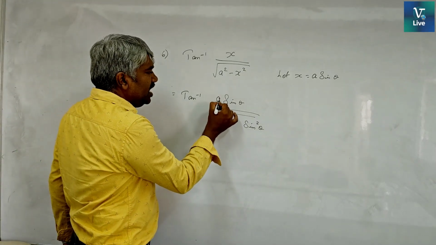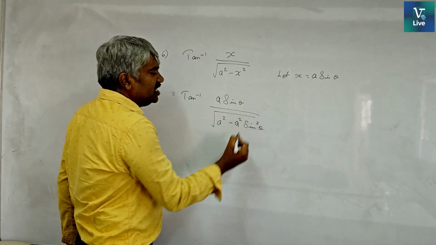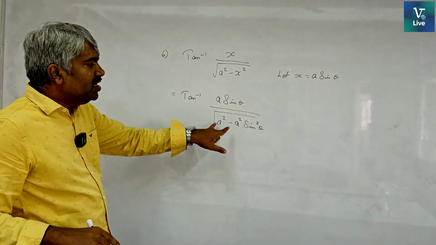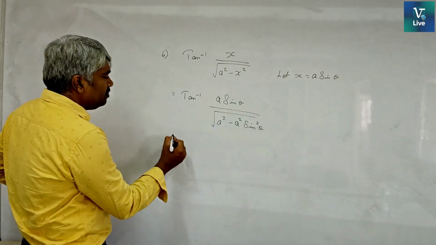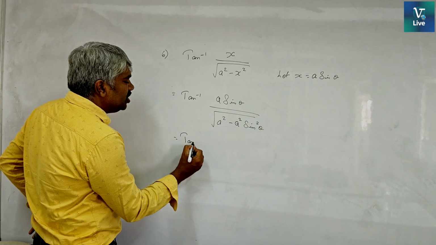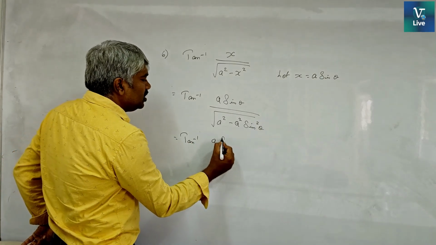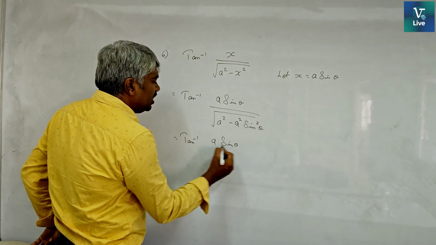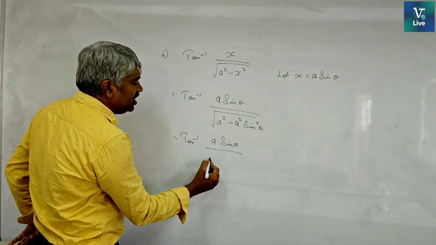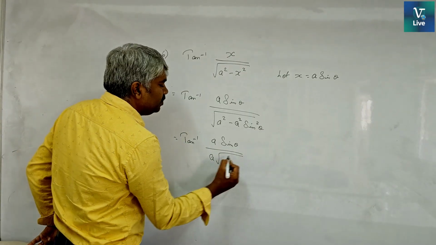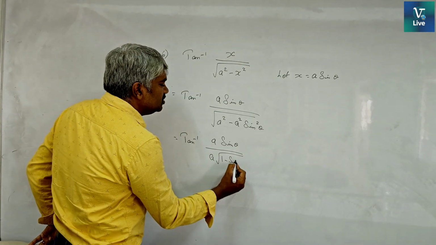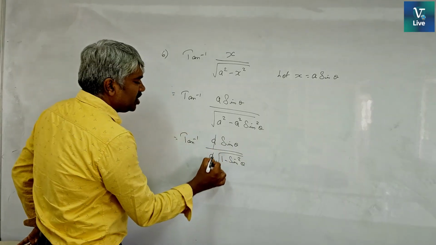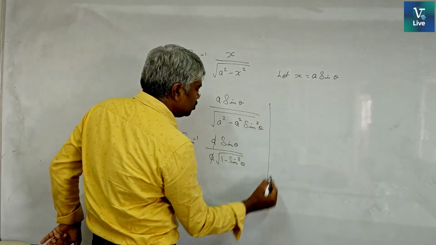So a sine theta, and this term is a square. Now you can take this a square common from the two terms in the denominator. So a sine theta divided by, if you take a square out, a 1 minus sine square theta. You can cancel both the a values.